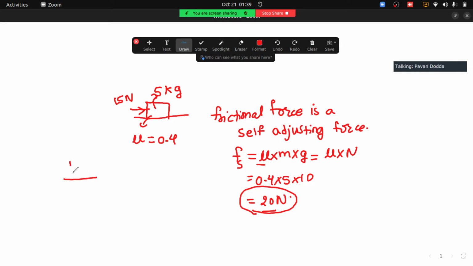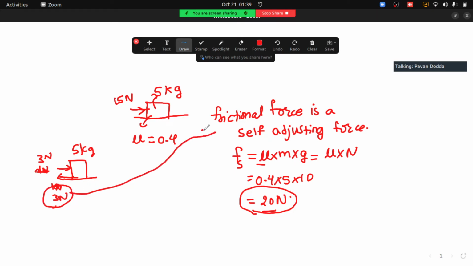Because let's say if I apply 1 Newton force on this 5 kg block, the frictional force is going to act with 1 Newton in the opposite direction to stop it moving. And if I apply 3 Newton, the frictional force is going to be 3 Newton. This is the reason I'm calling the frictional force a self-adjusting force.